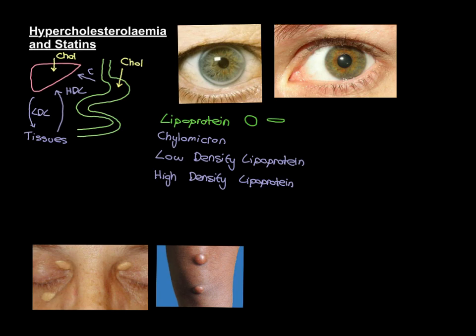The main output of cholesterol is that we are continuously shedding cells. We're continuously shedding skin cells that have cholesterol in their lipid bilayer, and we're also continuously losing gastrointestinal cells, which are shedding, and they will of course have cholesterol in their phospholipid bilayer as well. So that's the output from the human body.